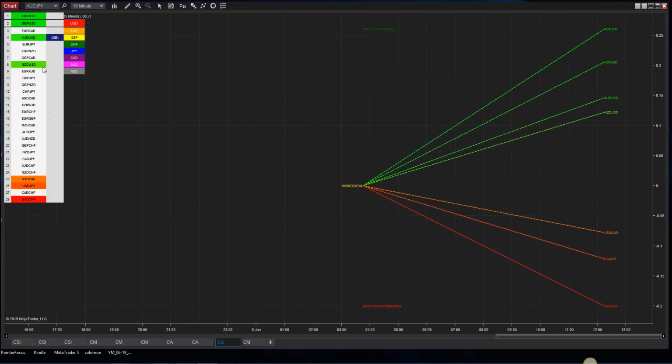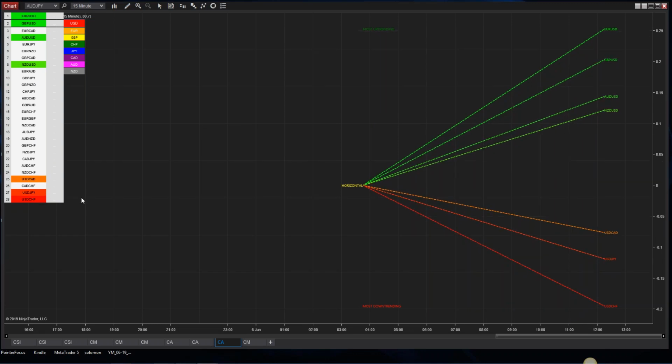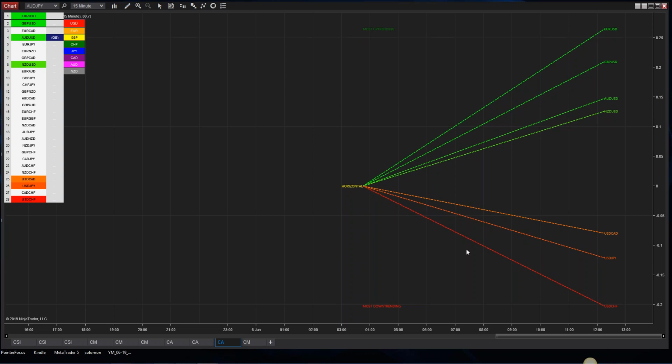Selling of the dollar right now, and if that continues for much longer, then these will move up the ranking ladder to the top and join their brothers and sisters, and equally at the bottom here as well, as they are starting to do. As I'm talking, you can see they're starting to line up. And the array is just such a cool indicator, because not only does it give you that information, it also gives you the strength of trend of those particular pairs by the angle of the line. So the steeper the line, the stronger the trend, the less steep, the weaker the trend.